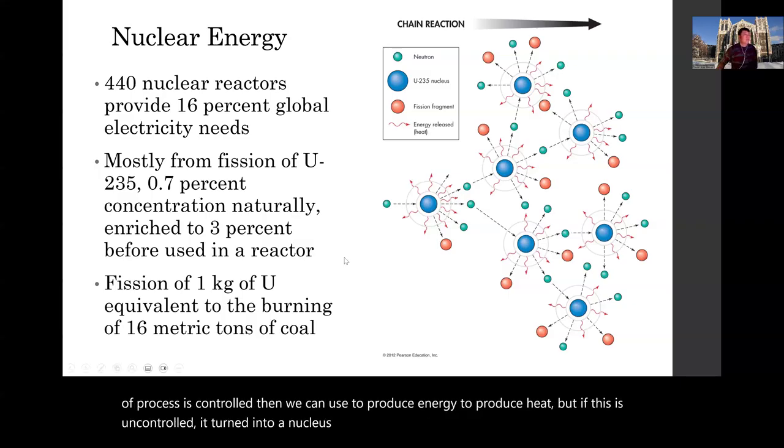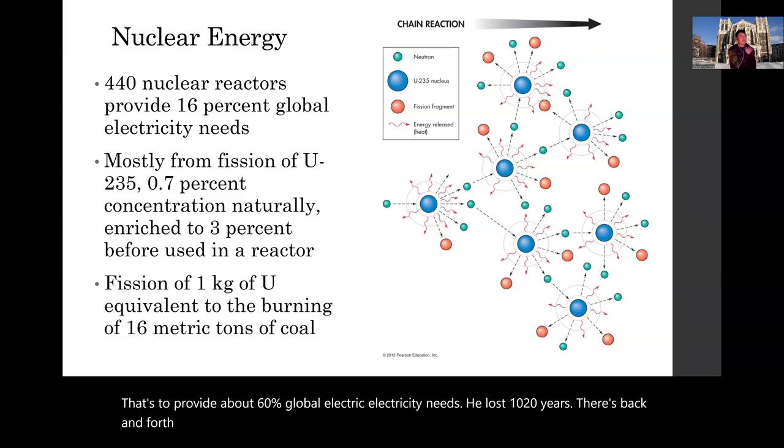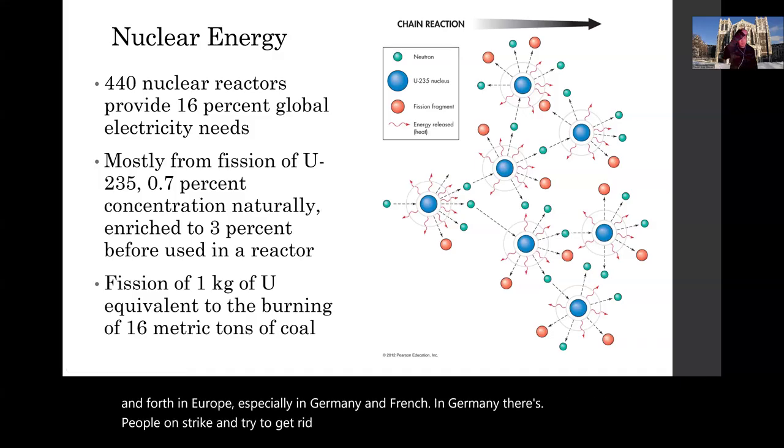Currently there are 440 nuclear reactors that provide about 60% of global electricity needs. In the last 10, 20 years, there's been back and forth in Europe, especially in Germany and France. In Germany, people went on strike and tried to get rid of nuclear reactors because of the health and environmental risk.